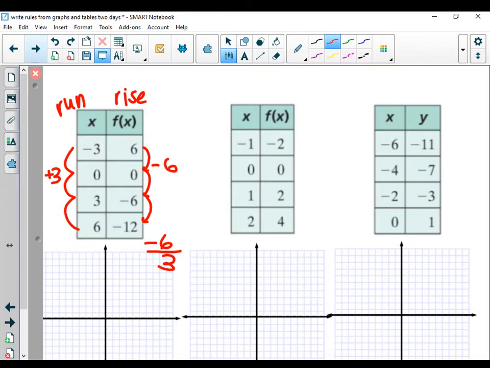Or -2, if you divide 6 by 3. 2, yep. F of x equals down 2, run 1, x plus 0. That goes through. Hey, look at that. Where x is 0, so is y.